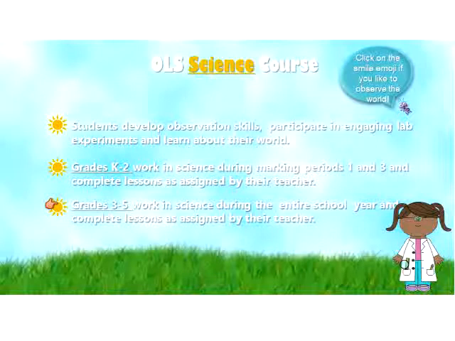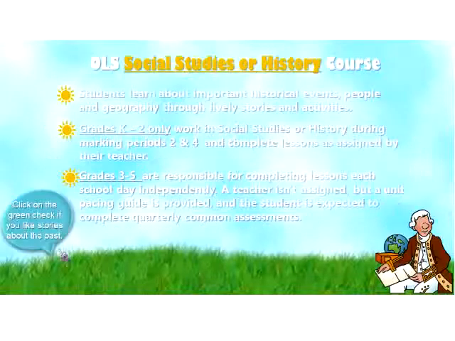Students in grades 3 through 5 work in science during the entire school year and complete lessons as assigned by their teacher. The only difference here is K through 2, you're going to have science rotating. So you're only going to work on it in periods 1 and 3. And then marking periods 2 and 4, you'll work on something else. Ta-da! You'll work in social studies and history.